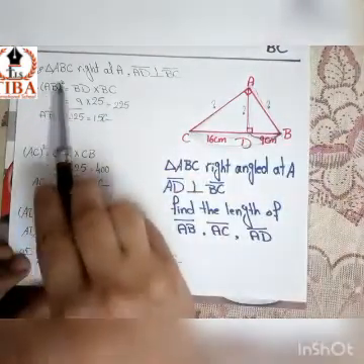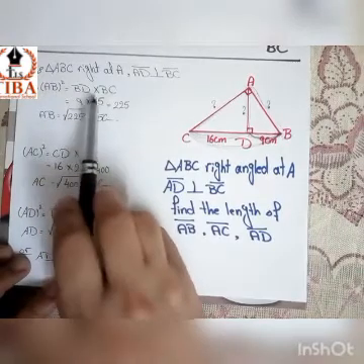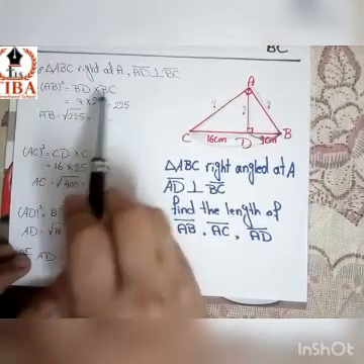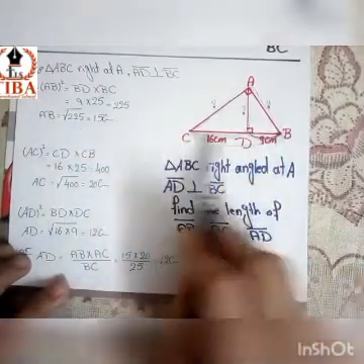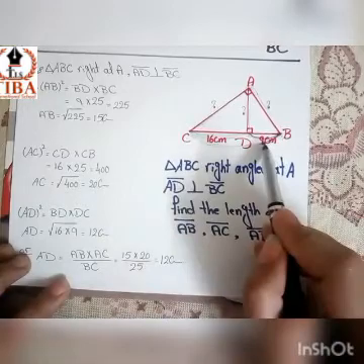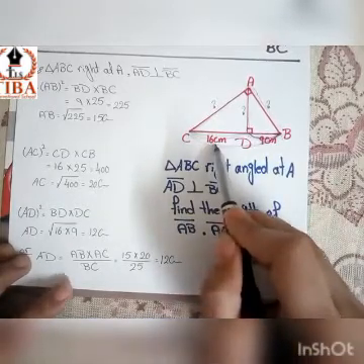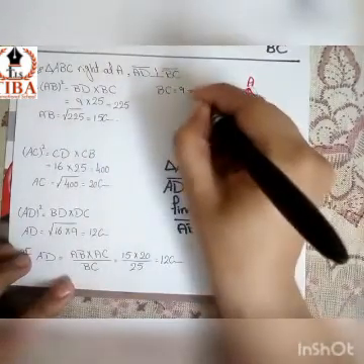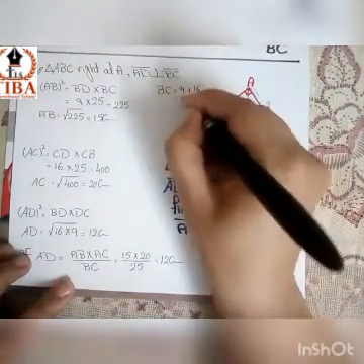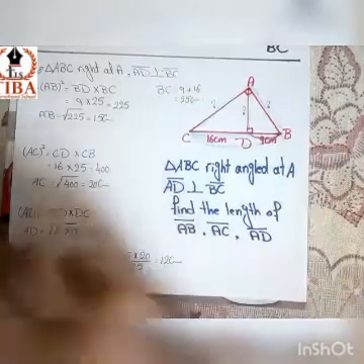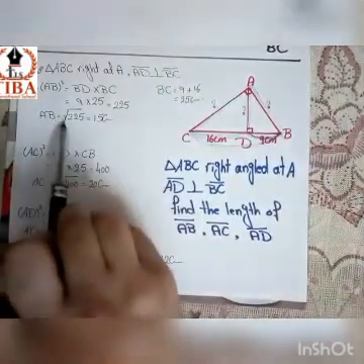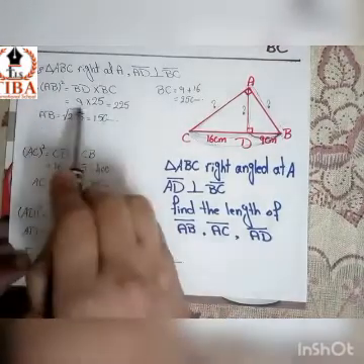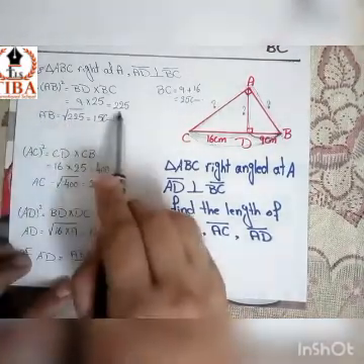BD equals 9 centimeters and BC, all the hypotenuse, equals 9 plus 16 equals 25 centimeters. So AB equals the square root of 225, which equals 15, and don't forget to take the square root for the result.